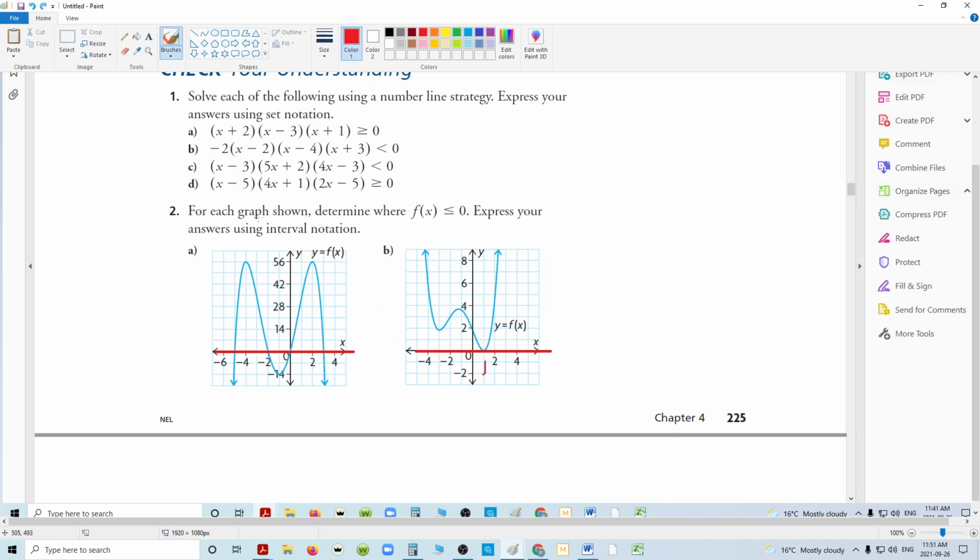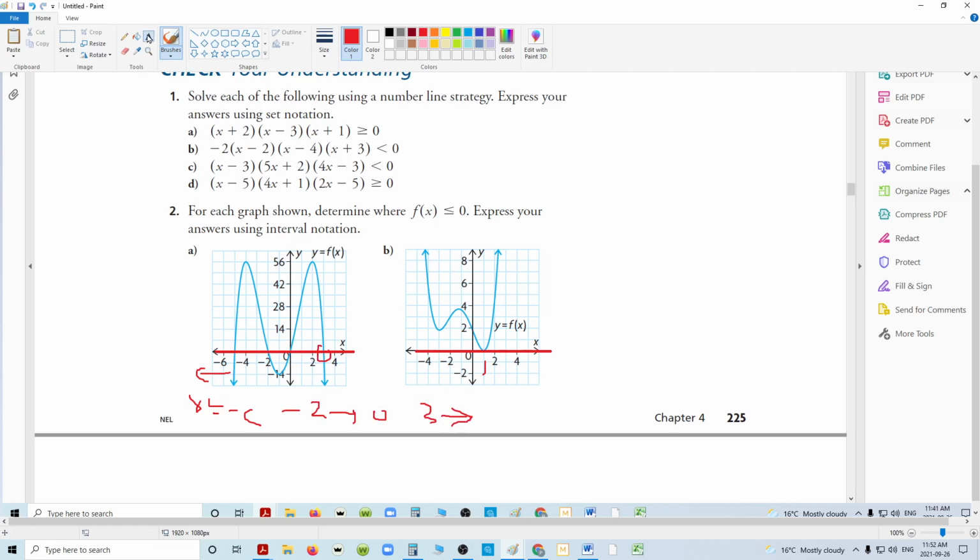But for this first graph, I can see it's below 0 here, so when x is smaller than or equal to -5. And I can see it's below 0 between -2 and 0. And I can see it's below 0 after 3.